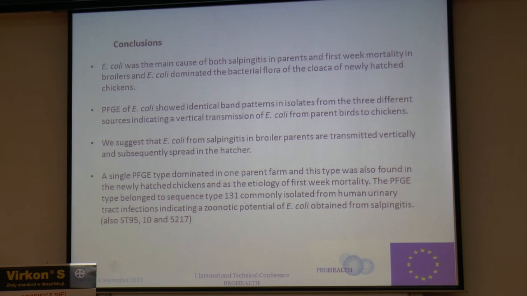And we see more and more discussions in the literature about this potential zoonotic aspect of the APEC, the avian pathogenic E. coli. And we've seen that also with ST95, ST10, and ST5217, that they are also commonly associated with human urinary tract infections. So this is a new aspect that we would be very interested in exploring a little bit more.